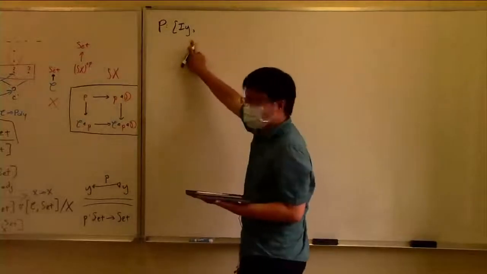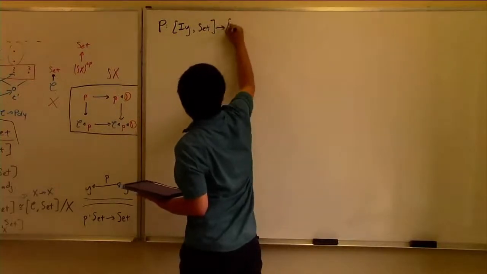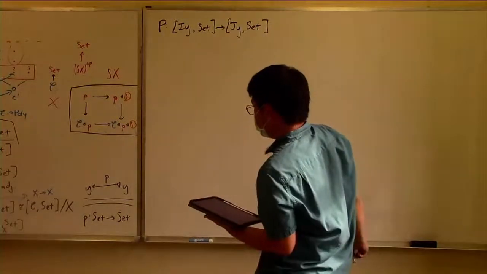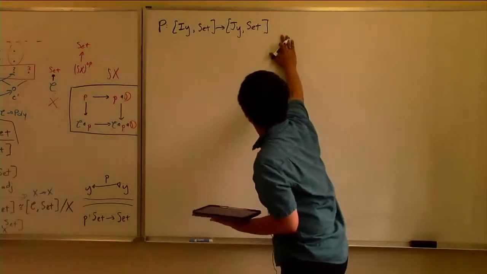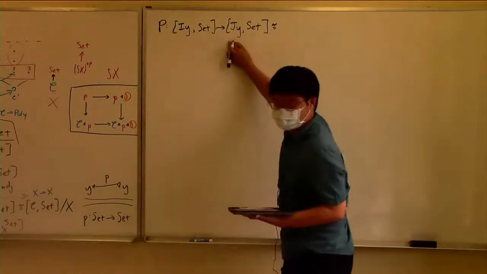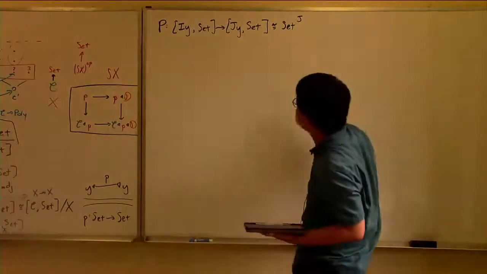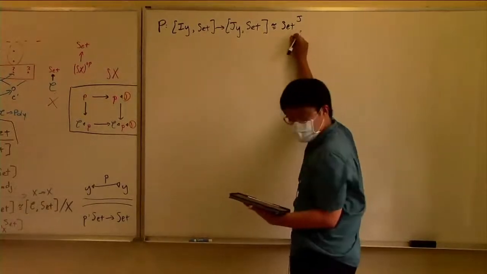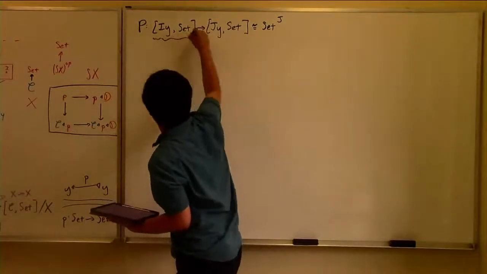If we write as capital P a functor between Iy, our discrete category whose objects form the set I, into J y set, well, we can think of functors from this discrete category Jy into set as just a set raised to the power of J. And so what this is going to give us is J many polynomials, but instead of just one set, we're feeding it I many sets.